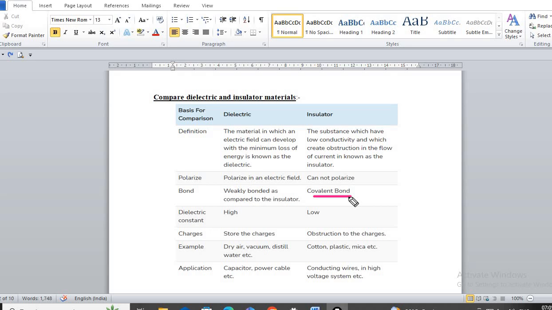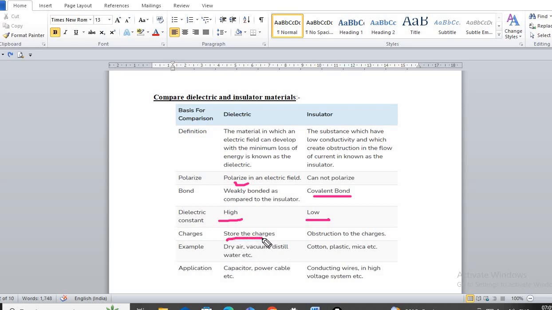But here the bond is relatively weaker, stronger than in metal but weaker than in an insulator, so there is a chance of some movement. Dielectric constant is high here and low in insulators. We'll come to the meaning of dielectric constant.